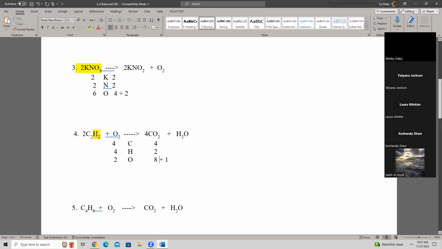And here you have 2 times 2 is 4, and here we only have 2. So then we need to put a 2 in front of it, right, in order to satisfy that. So we put a 2 right here. And that changes this to 4. And this changes to what?